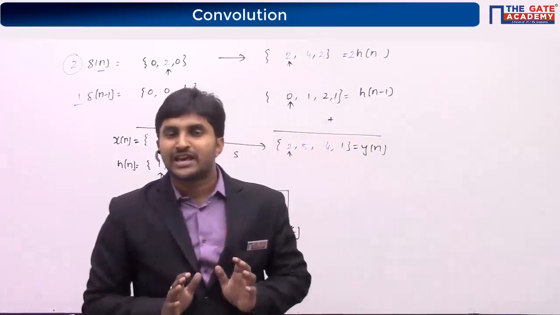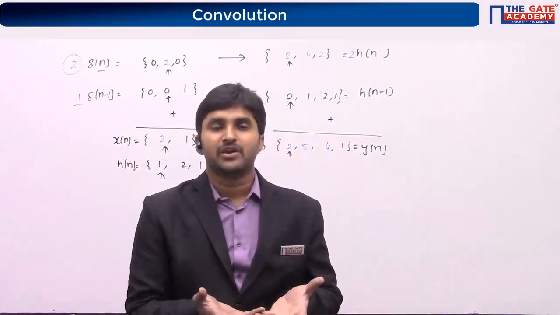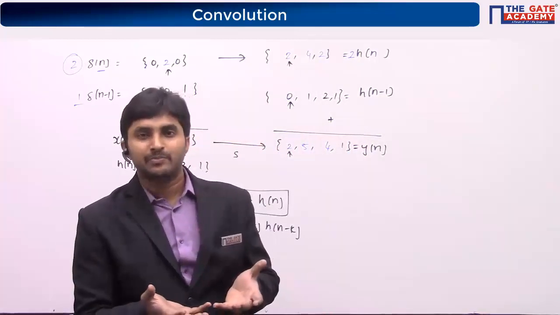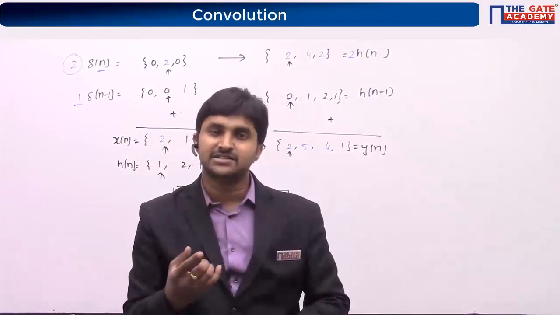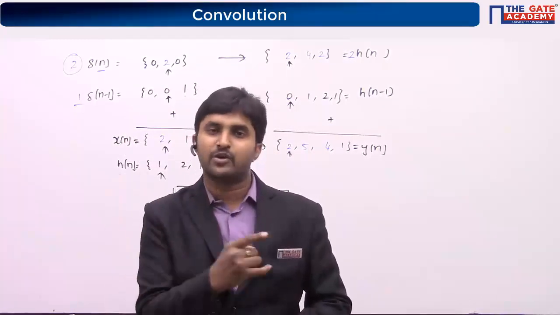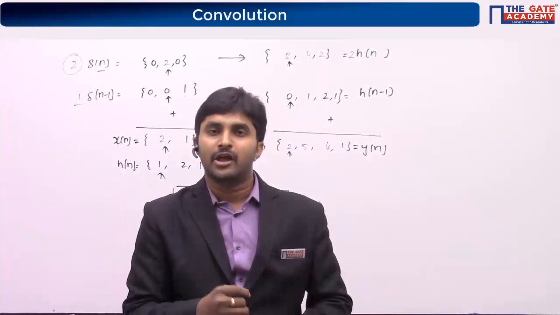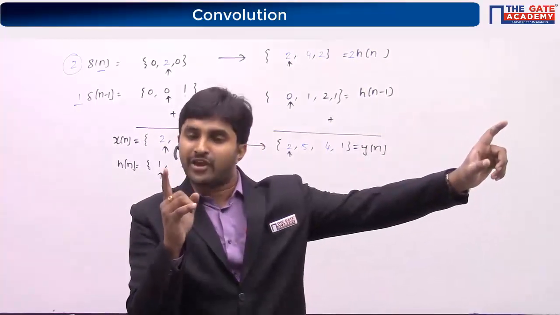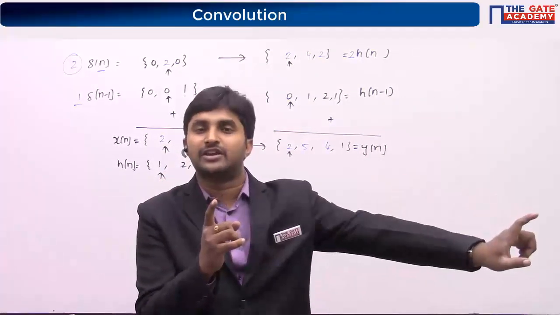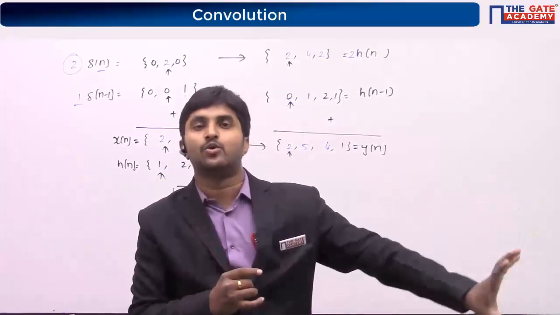If you try to visualize what convolution is, it is nothing but the excitations that you give at different instants: n equal to 0, n equal to 1, n equal to 2, n equal to 3, n equal to 4. For every disturbance that you give, you note the response. For the second disturbance, you again note the response, and for the third as well.